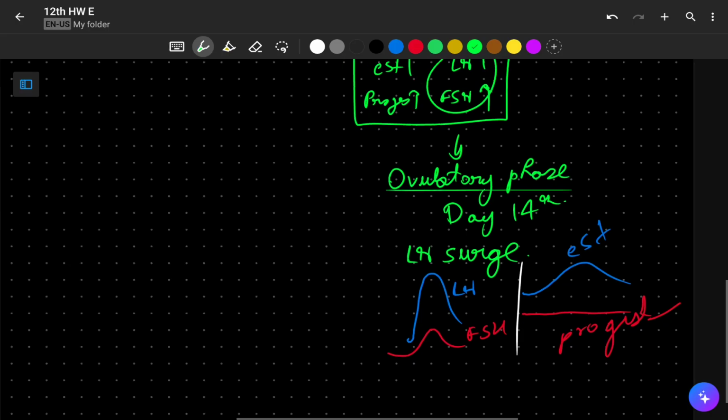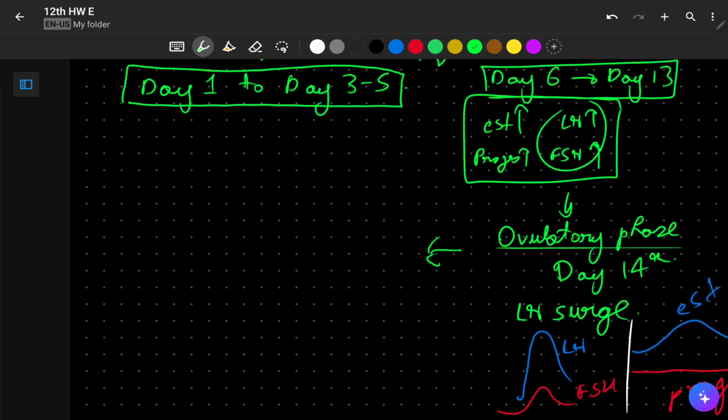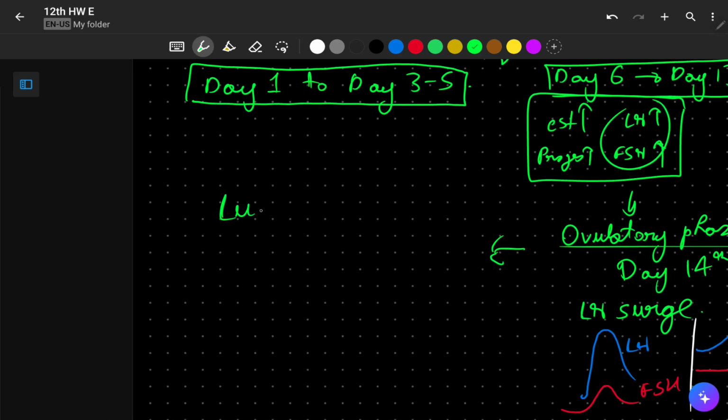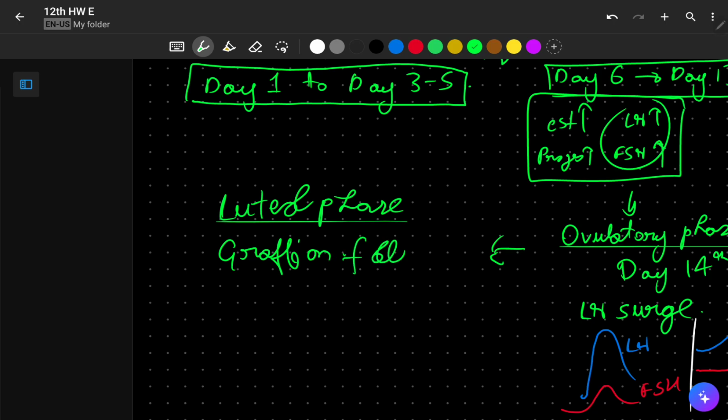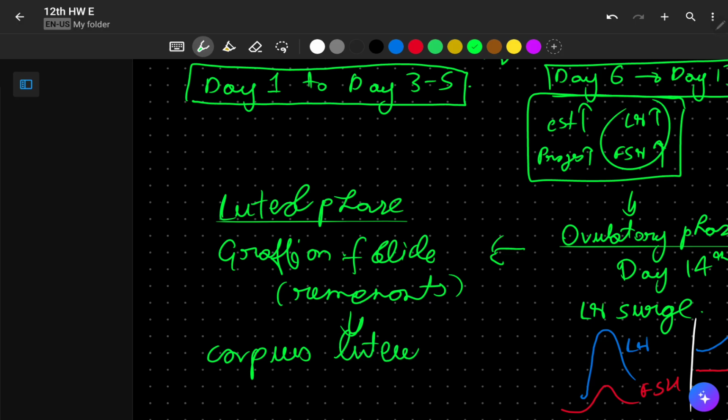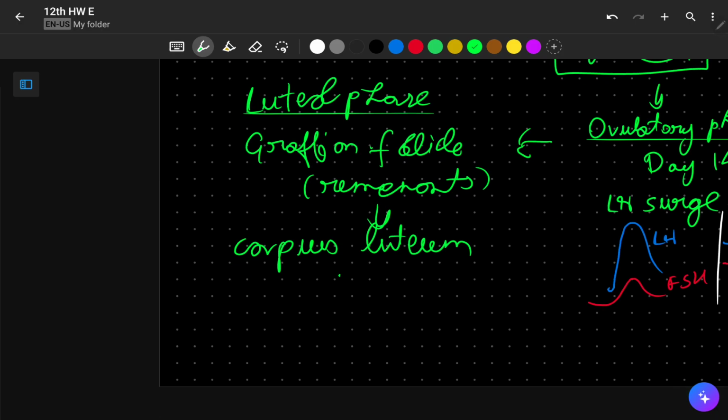Then let's talk about the next phase, which is the luteal phase. As I just talked about, the Graafian follicle remnants form the corpus luteum, which secretes progesterone.